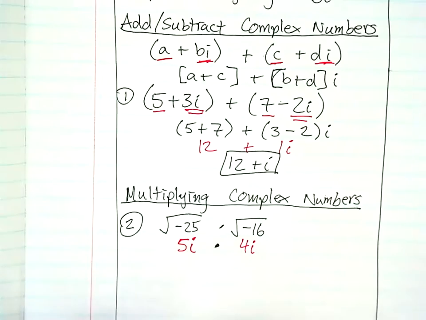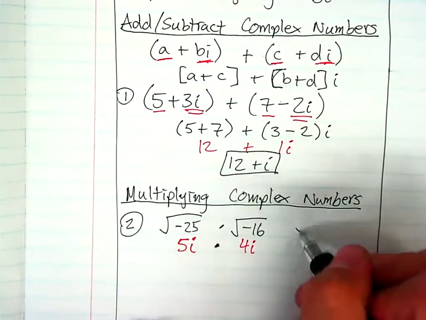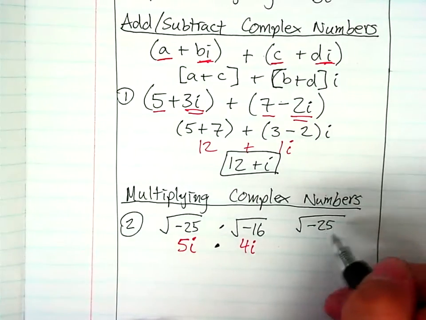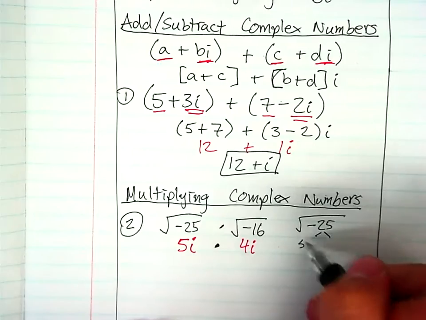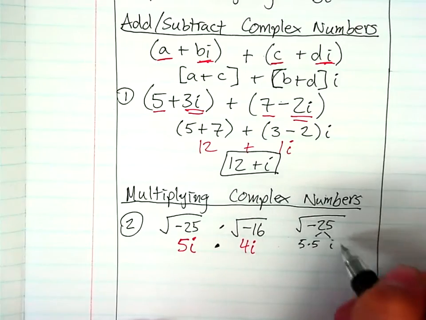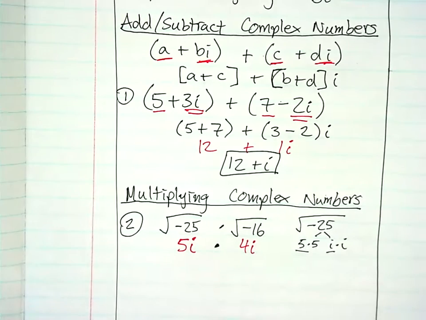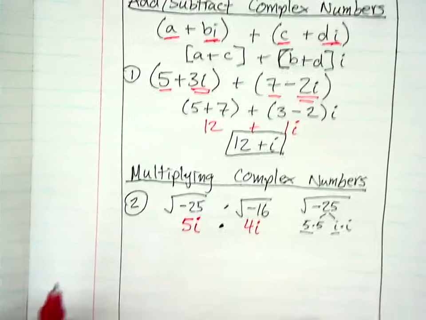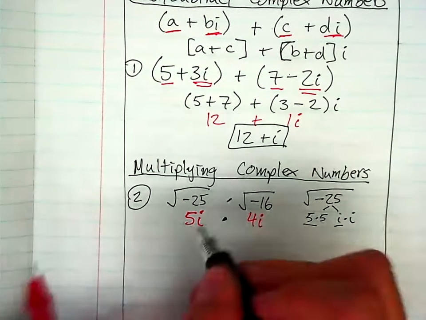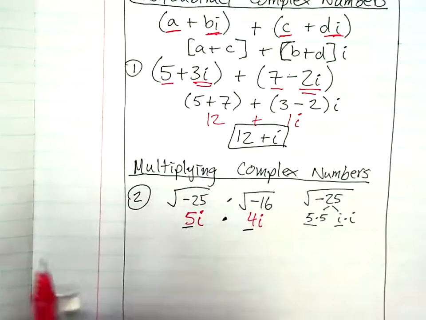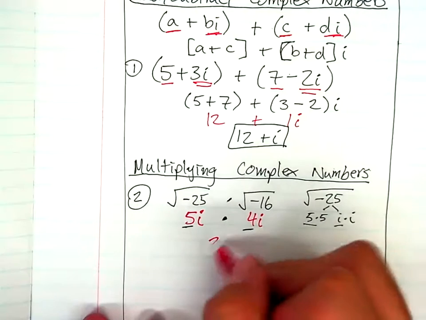Now, if you need kind of like a visual sense of this, 25, or negative 25, I mean, you can think of it as 5 times 5 and i times i, which is why we end up taking out 5 and an i. Alright, so when you multiply these, you multiply your two coefficients, 5 and 4. So here we would get 20.